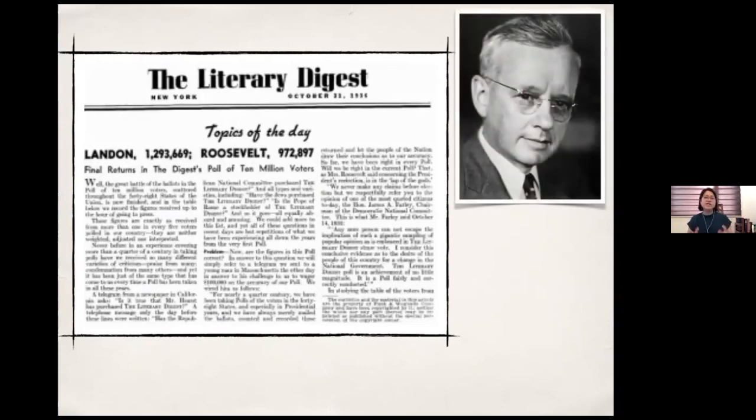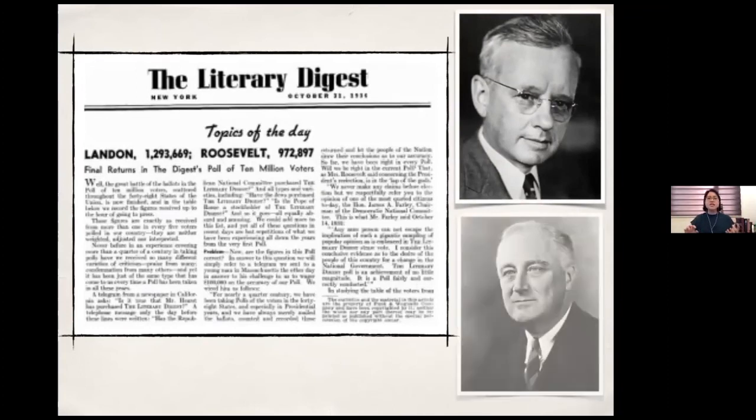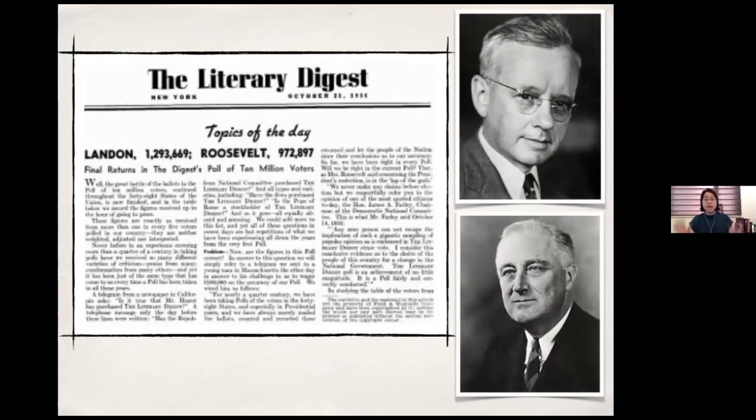This guy is Alf Landon, he's Republican. And this guy is Franklin Roosevelt, he's a Democrat. All the ones who won before had been Republicans.